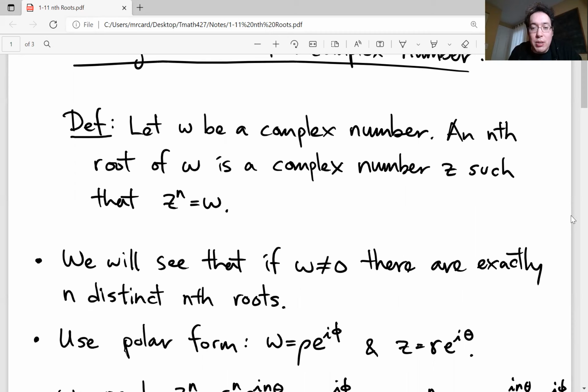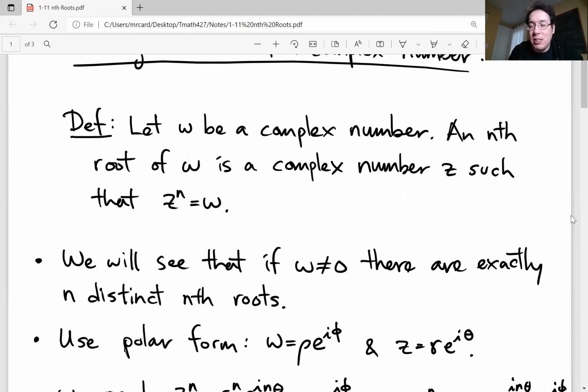And when you're working with a negative number, the square roots and even number roots do not work at all. But odd number roots, like a cube root, you could take the negative of that, right?